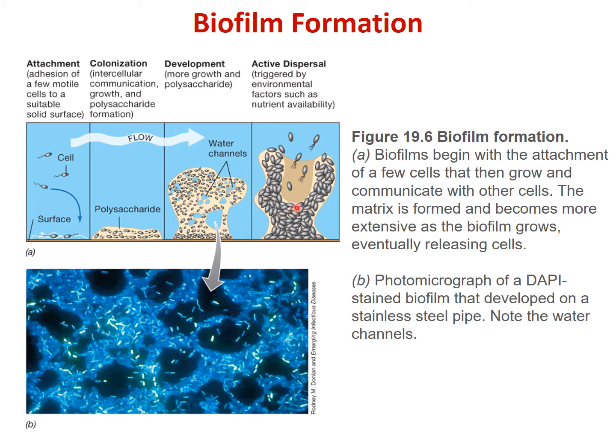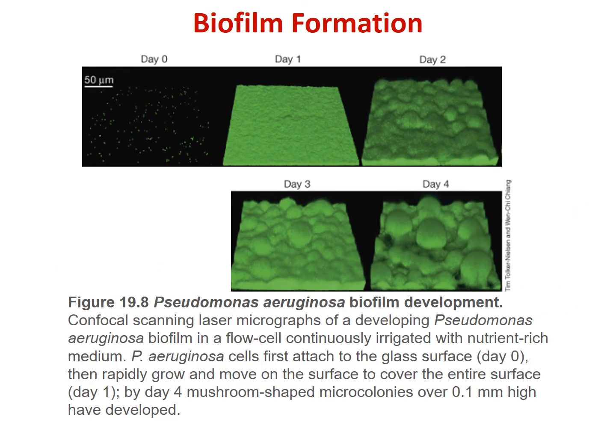And then eventually, the biofilm will grow and be very dense, and some cells are going to be released. This can be triggered by an environmental factor based on what nutrients are available. If we look at this microscopically, this is confocal scanning laser microscopy, so we can start seeing this nucleation event where cells start to adhere to the surface.